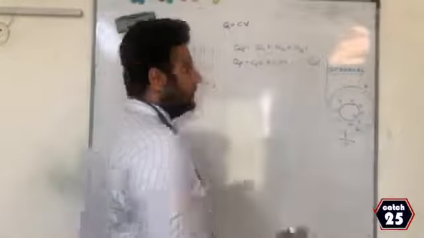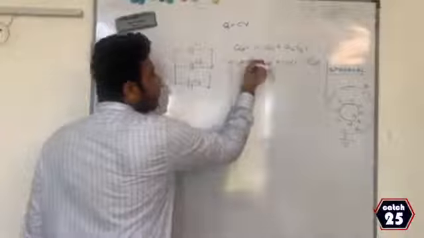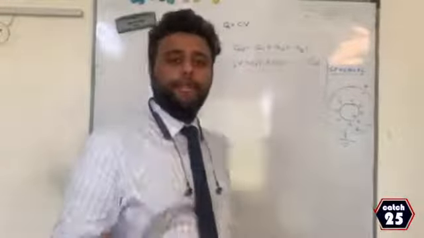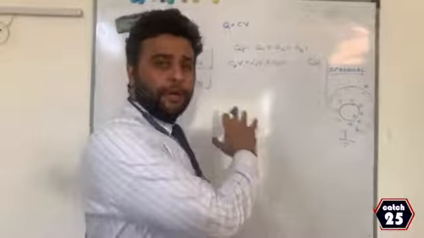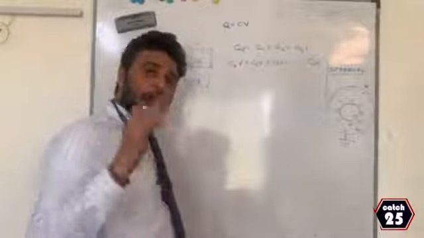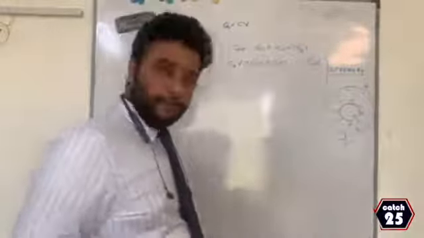Again, if you notice the whole line, I have not touched V. V is always V. I have not taken V1, V2, V3 because in parallel, voltage remains constant, only charge adds up.